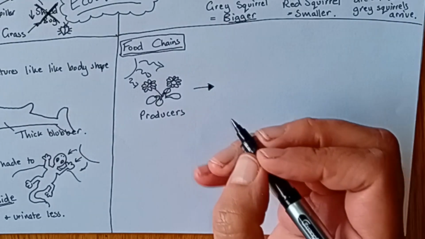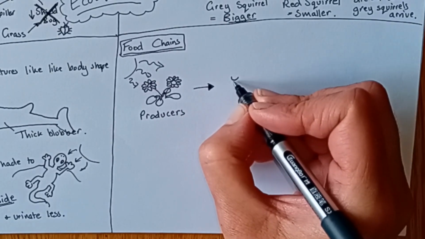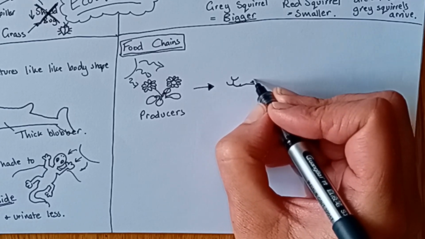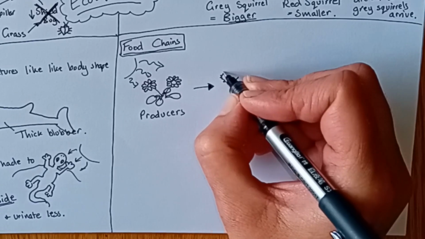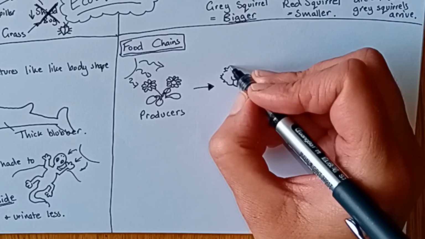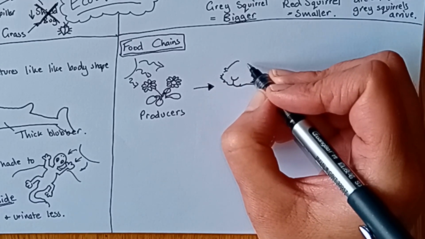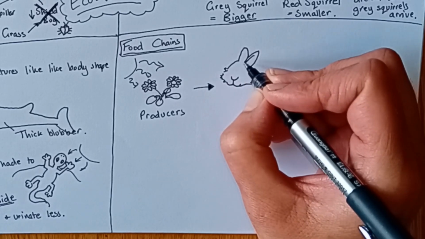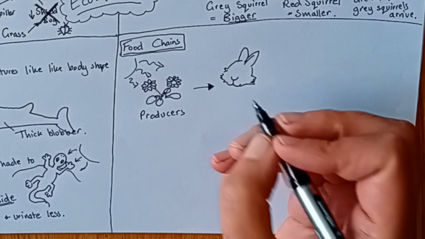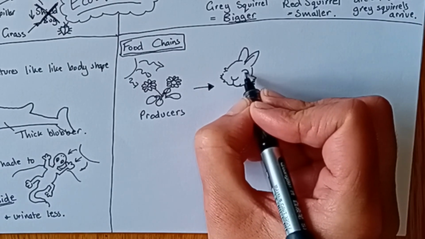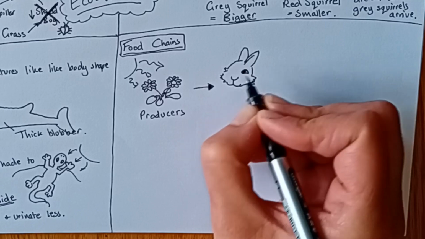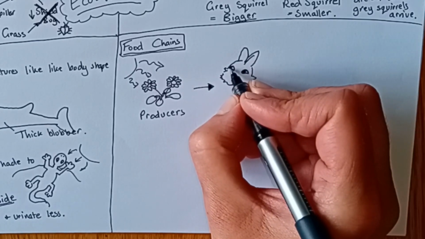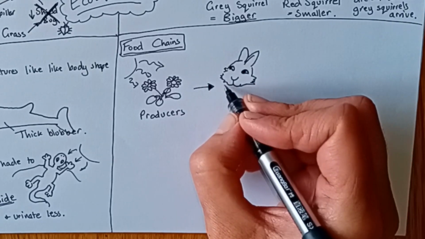Plants are then eaten by animals. I'm going to draw a rabbit. Here's my rabbit.